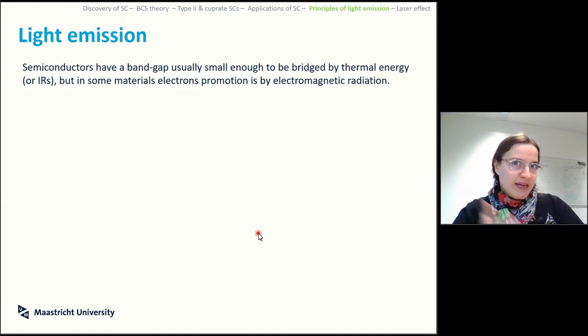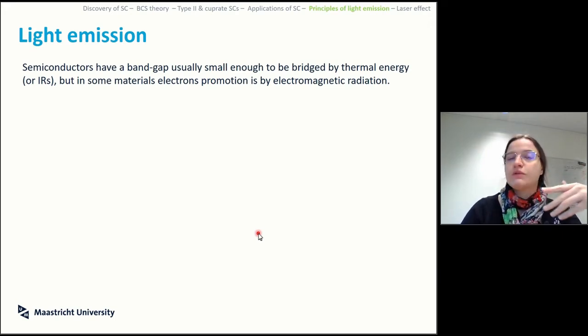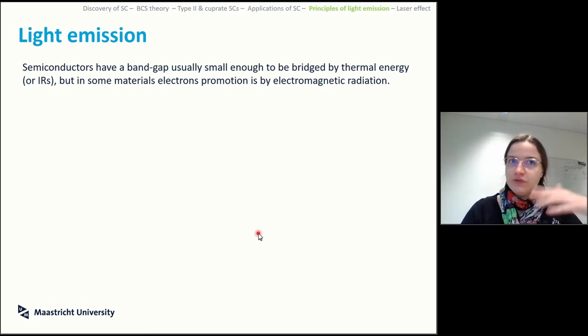Now, this might immediately lead to the question: since we talked about metal, what about semiconductors? In semiconductors, you have the band gap, and as we were discussing when we were talking about solar cells, silicon has a band gap in the infrared, but for some of the other materials, the band gap might actually fall into a specific range of visible wavelengths, so at higher energy than the thermal energy at room temperature, but it could be bridged by visible light.